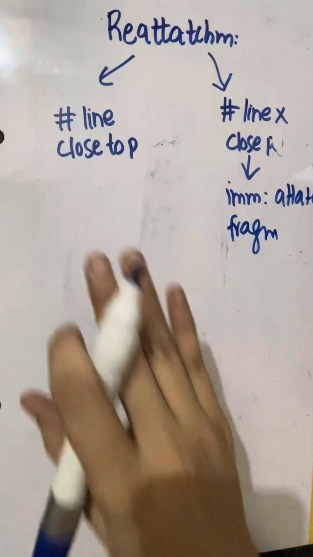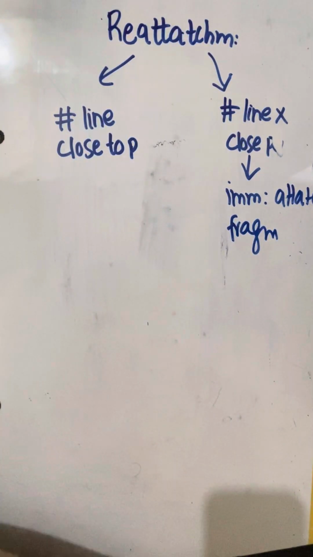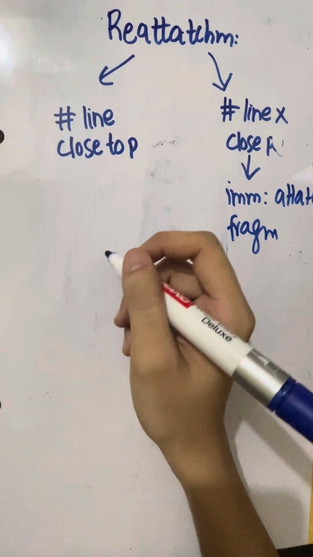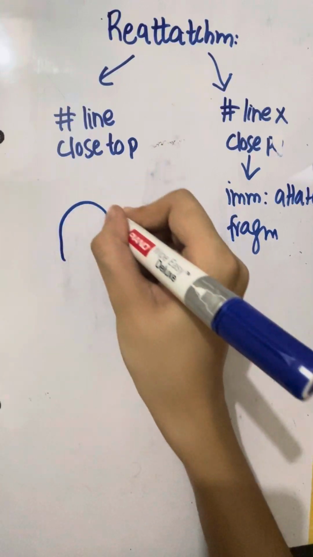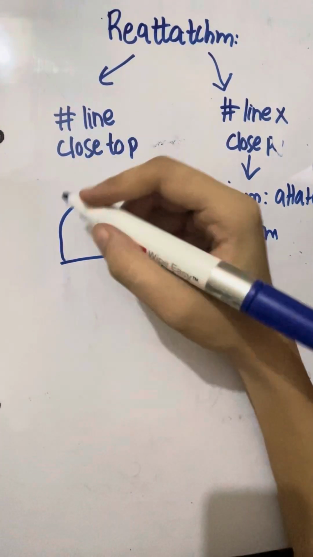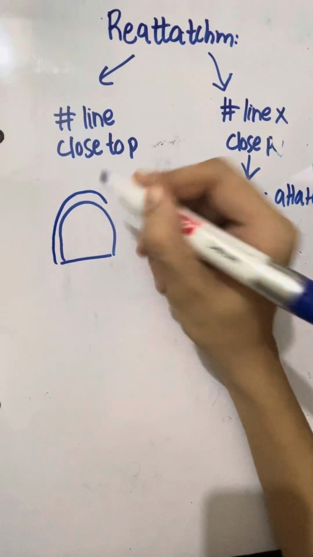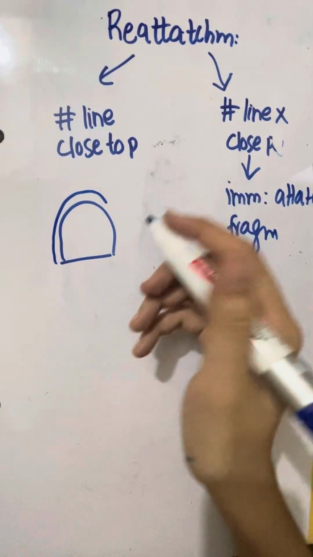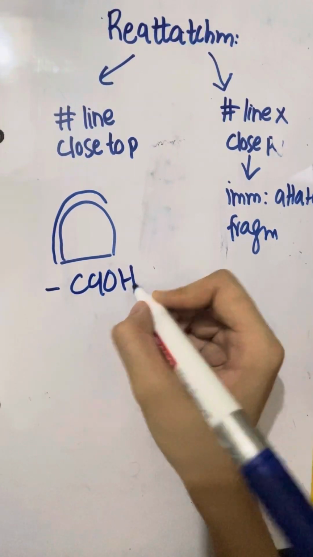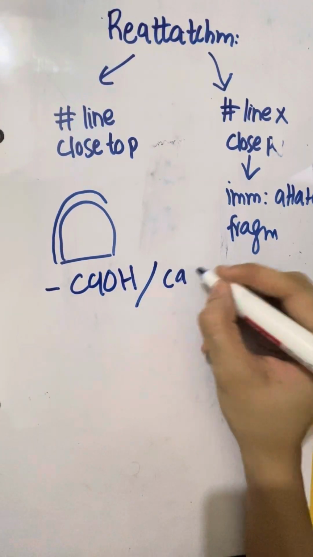But what will we do if the fracture line is close to the pulp? If the fracture line is close to the pulp and the dentine is exposed, we will put calcium hydroxide or calcium silicate.